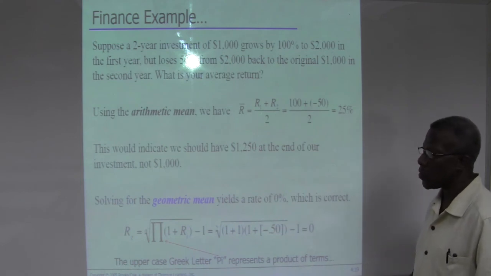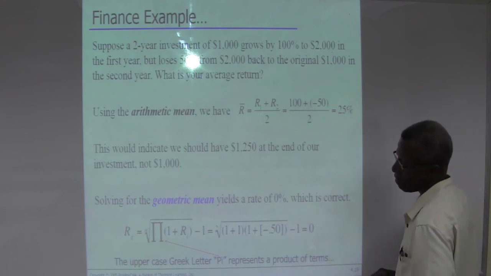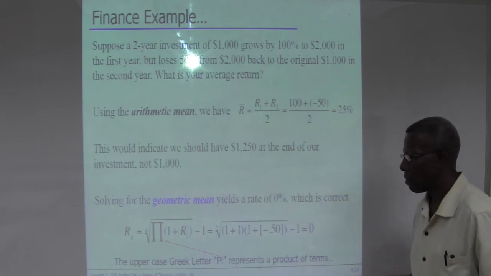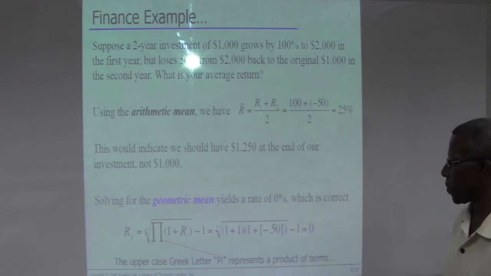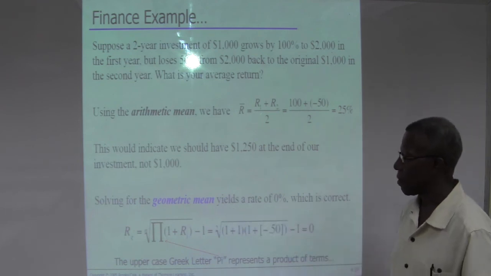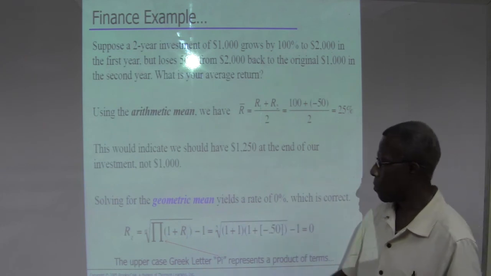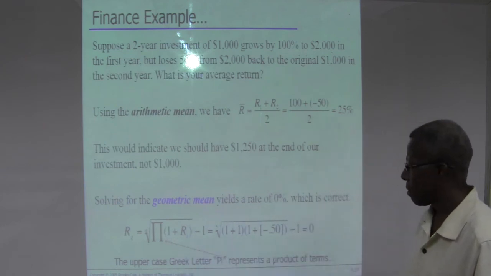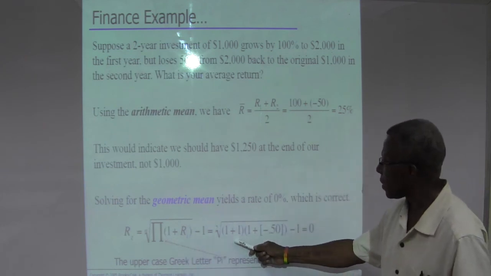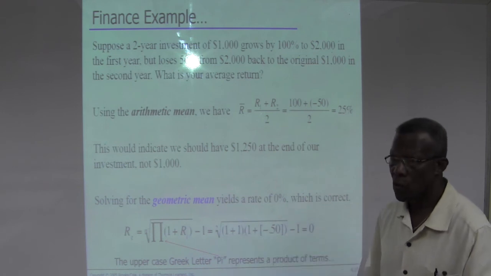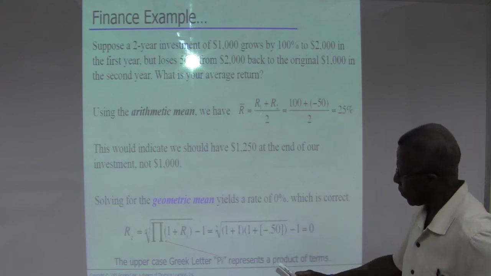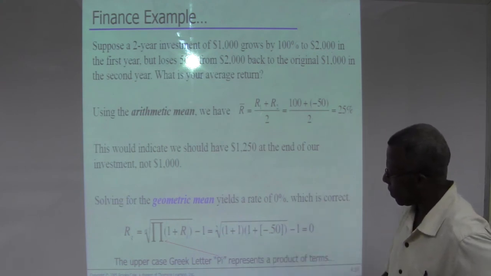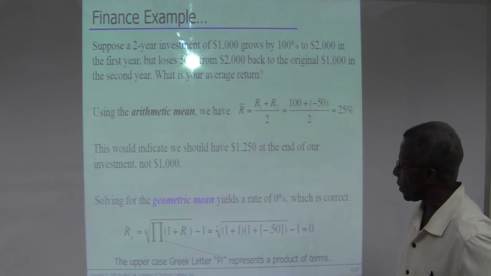We're going to solve this using the geometric mean, which is going to yield a rate of 0%, and this is correct. The geometric mean is a product of, as I said, you only have 2 terms, so you're going to find the square root. If you have n terms, you find the nth root. So 1 plus R1.